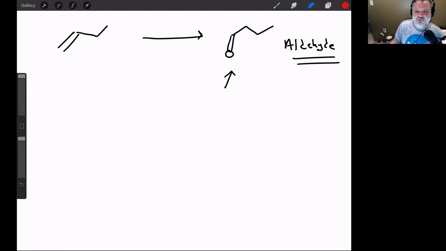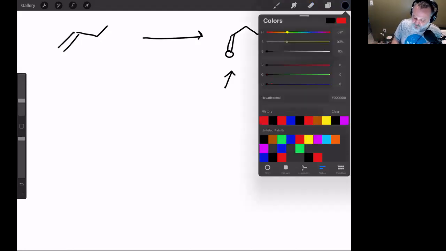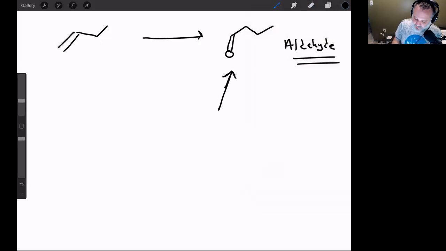So the next consideration is that the only other way that I know how to make an aldehyde is by doing an anti-Markovnikov hydration of a 4-carbon terminal alkyne.